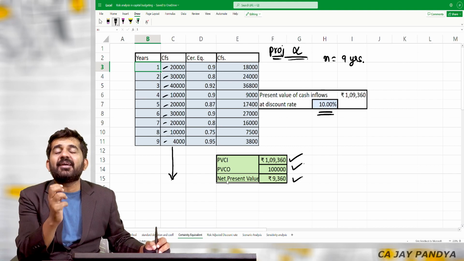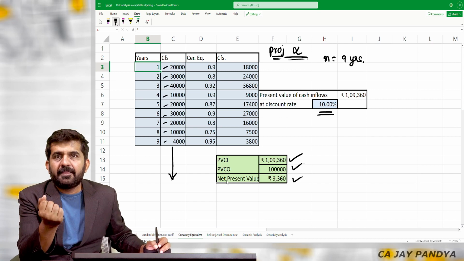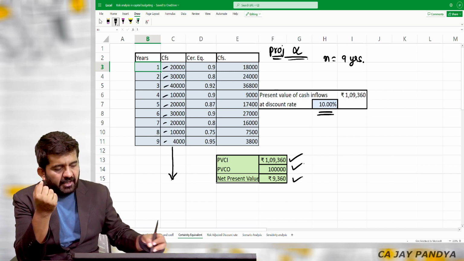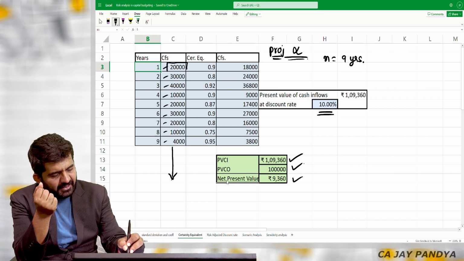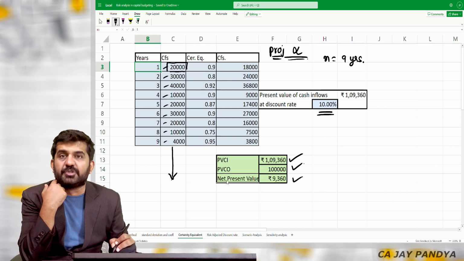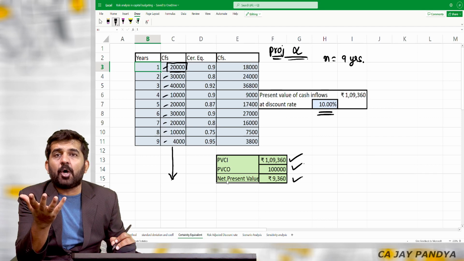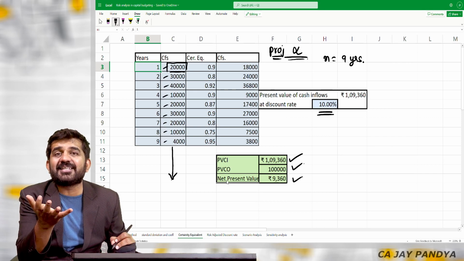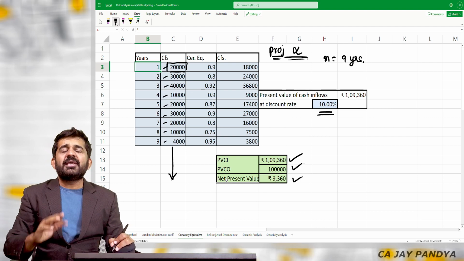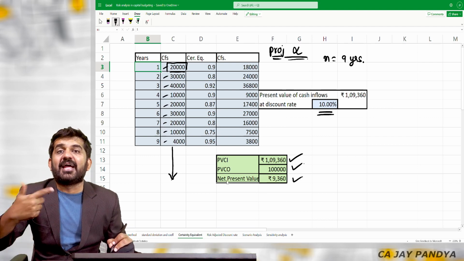We hire a statistician and tell him that the cash flow expected in the first year is 20,000. Give me the probability, the certainty that the cash flow will be 20,000. He says the certainty is 90%.